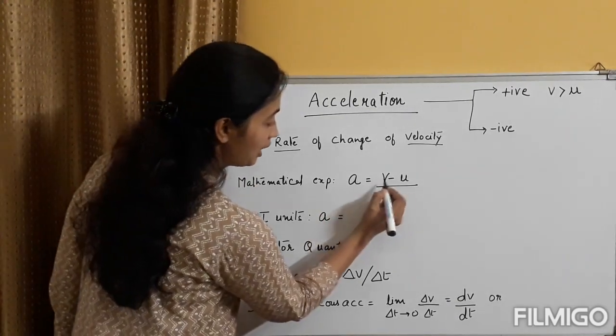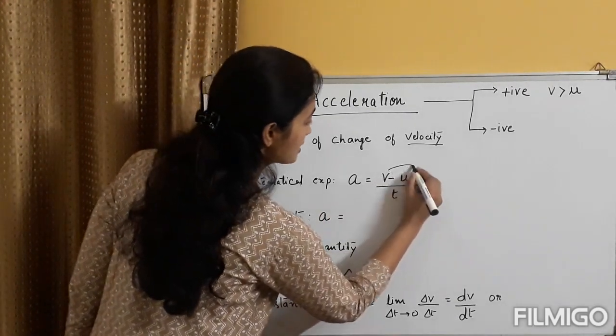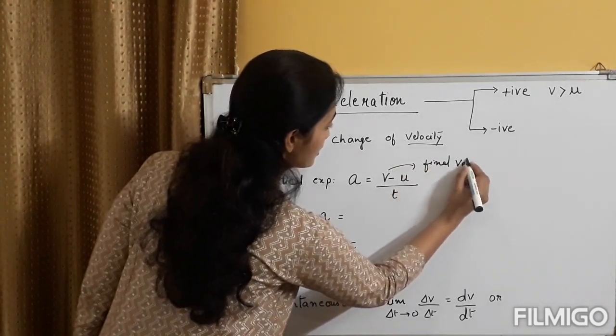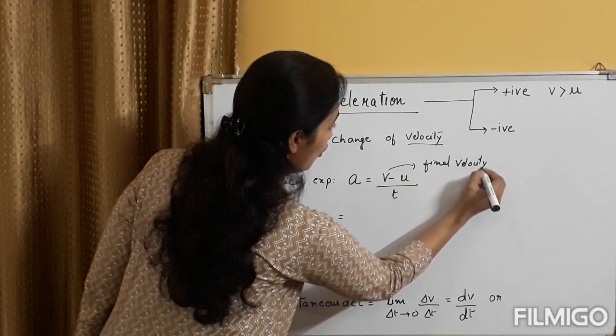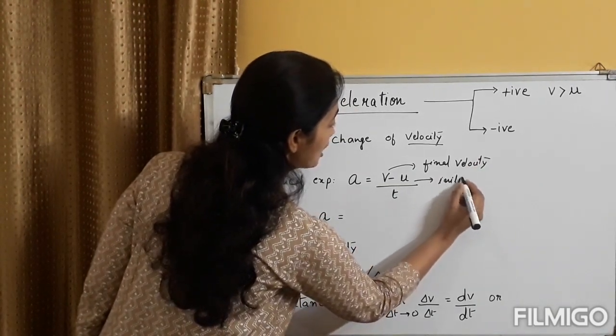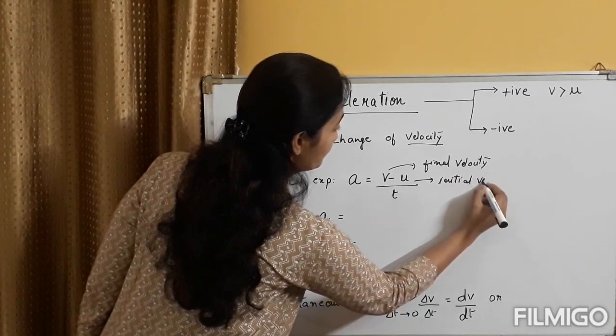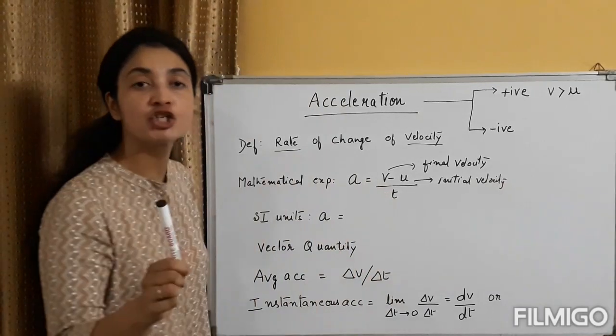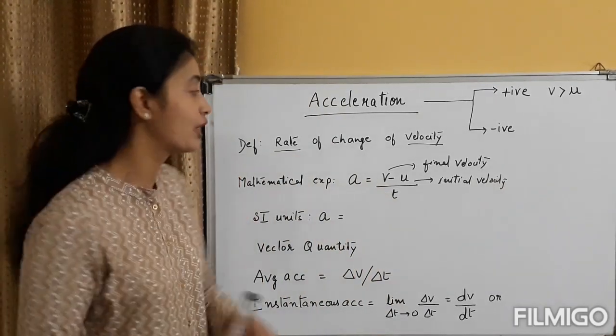So what is V? Here V represents final velocity. What is U representing? It is representing initial velocity. So final minus initial is nothing but change in velocity.